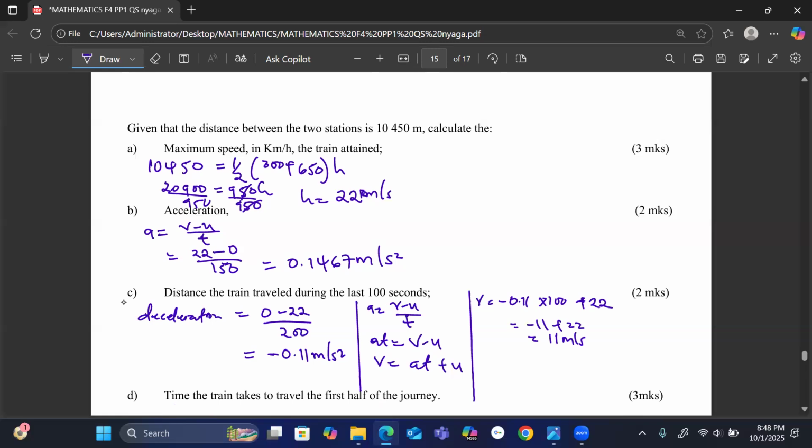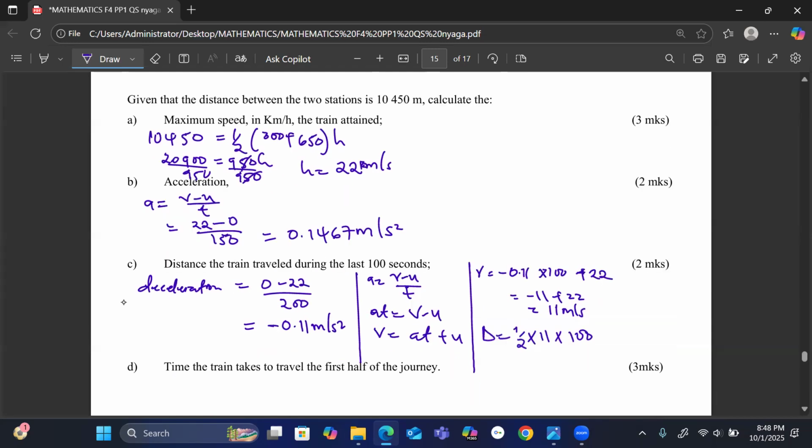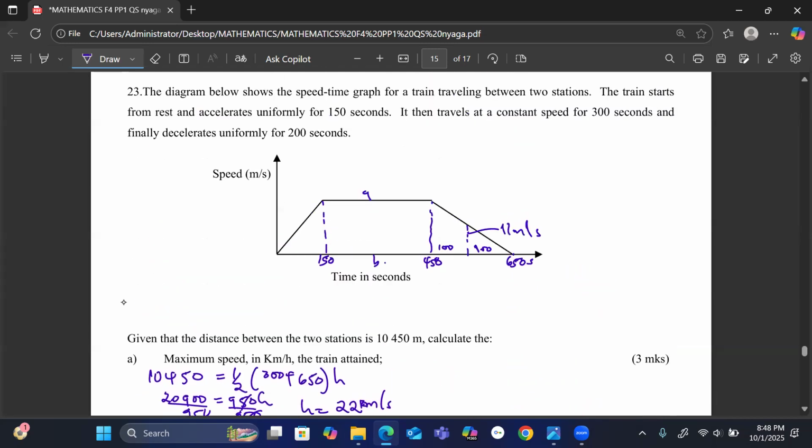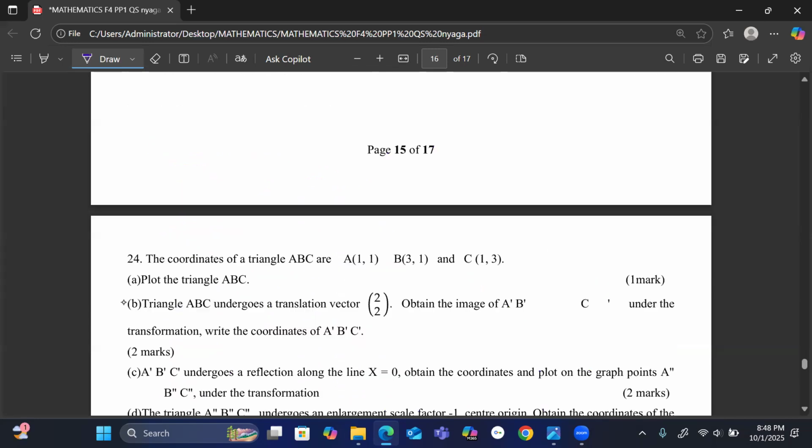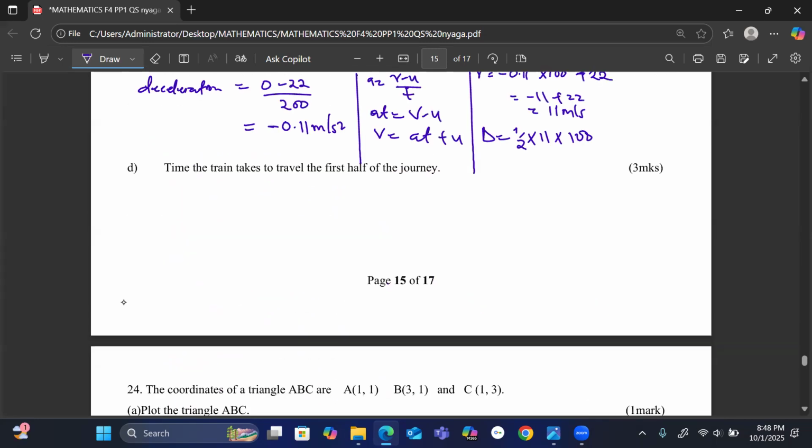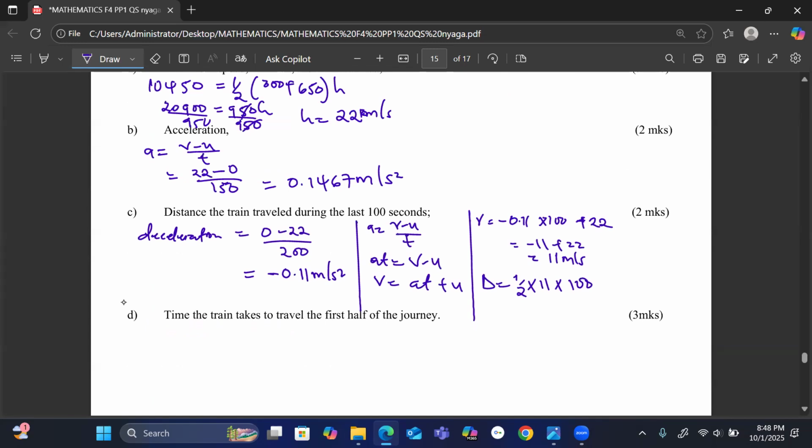So that we finally look at the distance which we are asked to find, which will be given by a half times 11 times 100. So that is the area of the triangle. This is a small triangle, so it will be half times base times height.